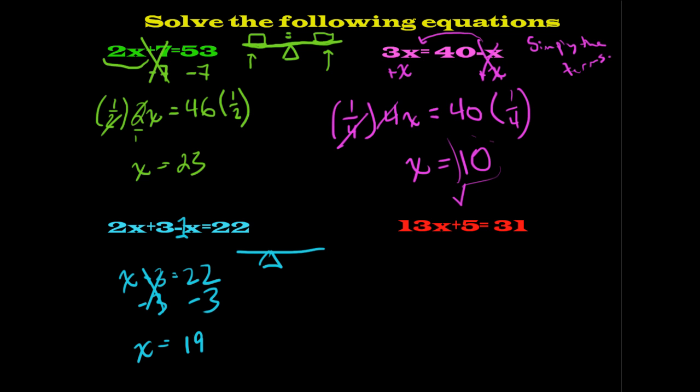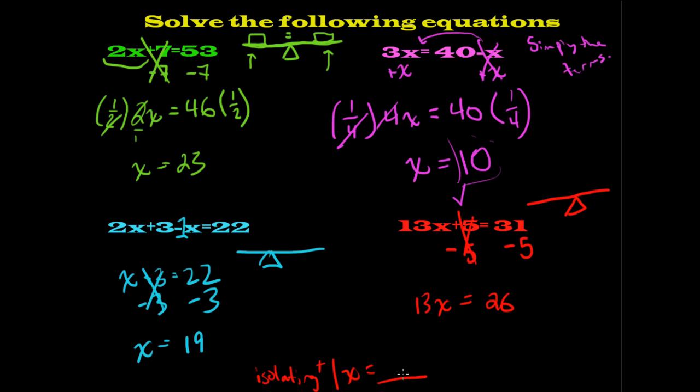In this last one, we have 13x plus 5 equals 31. So first thing we're going to do is subtract 5 from each side to keep the balance. That cancels to 0. 31 minus 5 is 26. 13x equals 26. Now to get the x isolated, isolating the variable, remember, is when it's just a positive one of that variable equals something else.